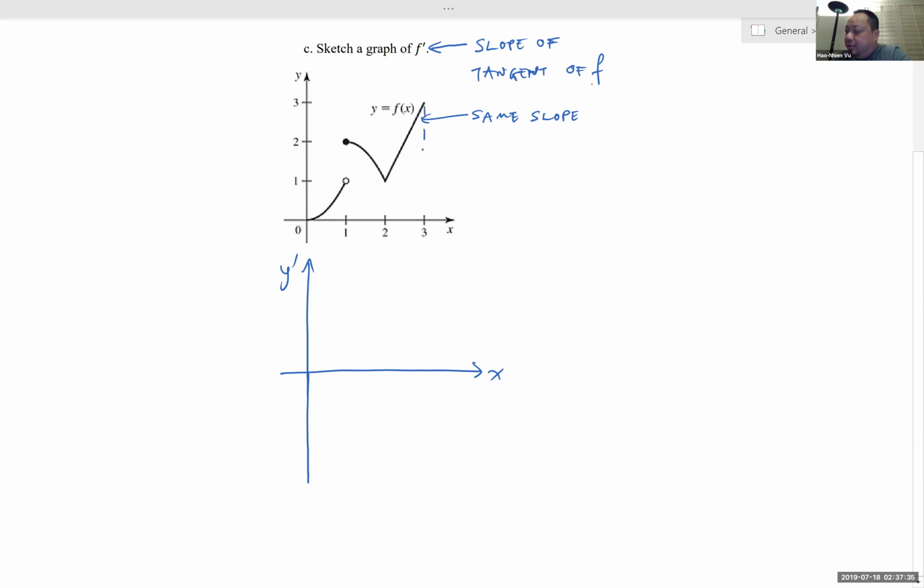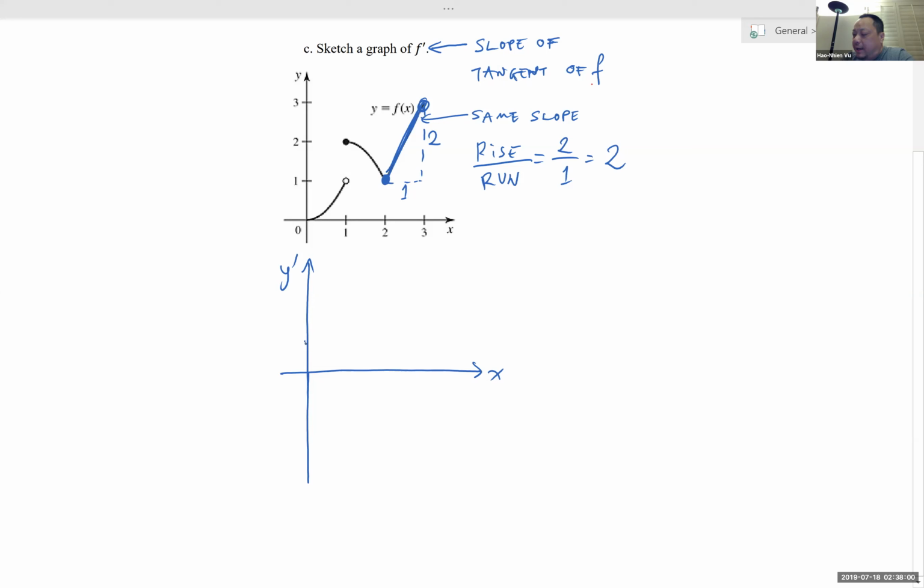In fact, if you look at the rise over run, it has a rise of 2 and a run of 1. 2 over 1 equals 2. So for all of the part from here to here, the slope is equal to 2.